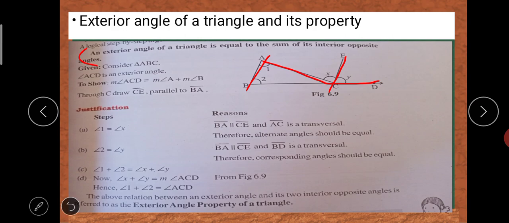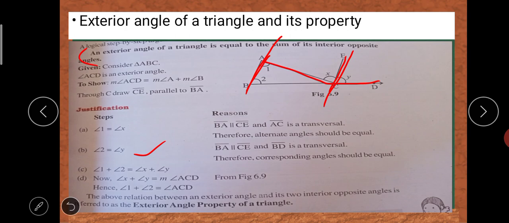These are the two parallel lines, so AC is a transversal.